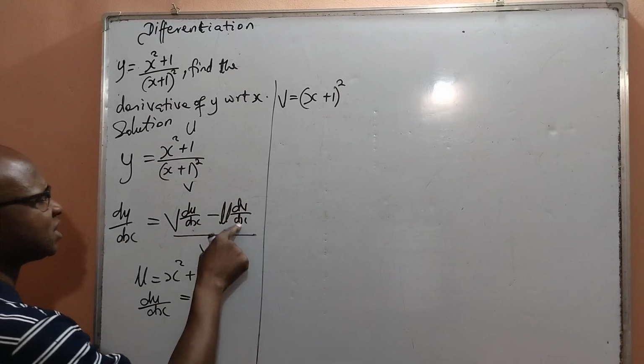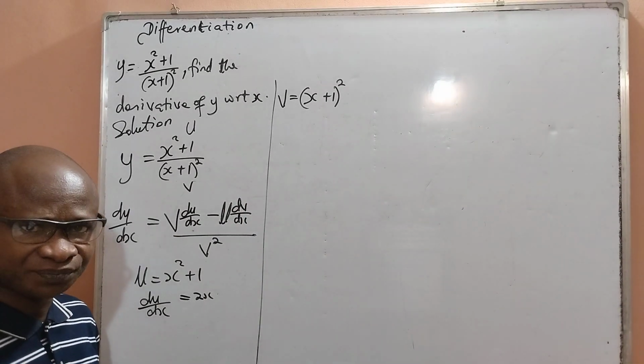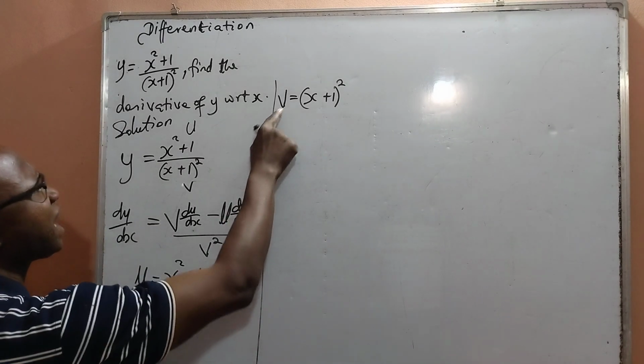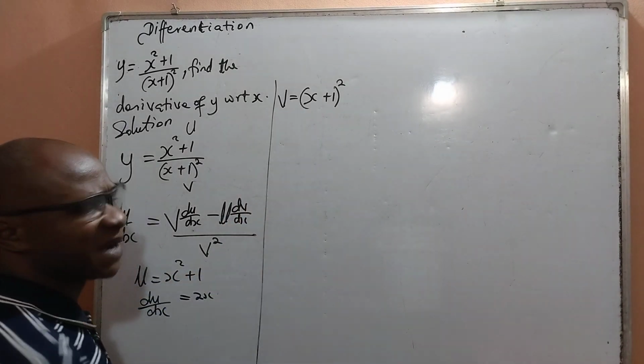Now I have u, and I have also gotten du/dx. The next thing I will do is to get my v. I said that v is the function at the denominator, which is (x plus 1) all to the power of 2. In order to get dv/dx, I will differentiate v with respect to x.